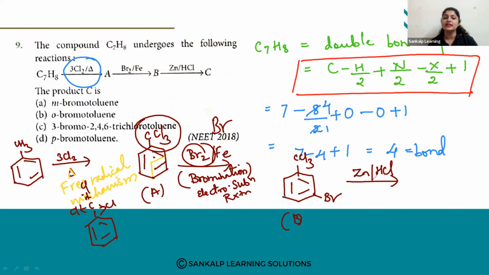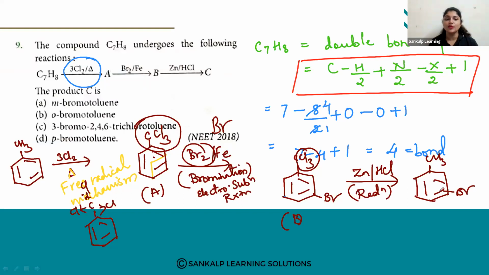Zn and HCl is a reduction, so this will undergo reduction. Reduction means addition of hydrogen. So these Cl atoms will be replaced by hydrogen, so this is CH3 and Br.